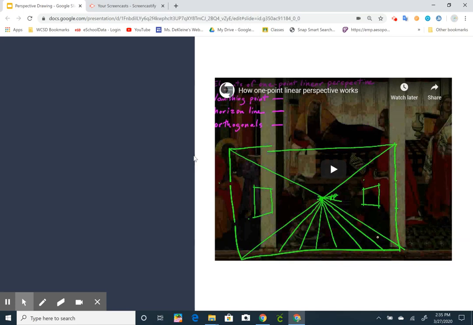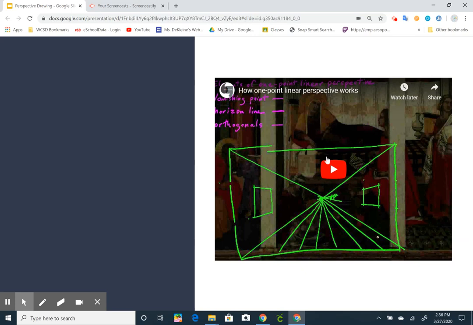If you've ever at home used a mirror to look behind you, that's exactly what he did. He poked a hole through the painting or the artwork, and then through looking through the artwork into the mirror and standing with his back to the baptistry, he was able to figure out the system of drawing.